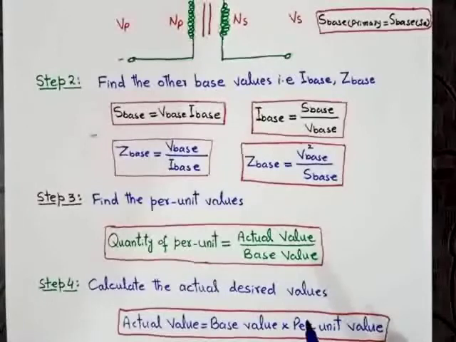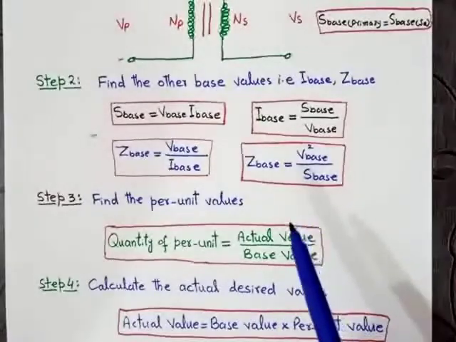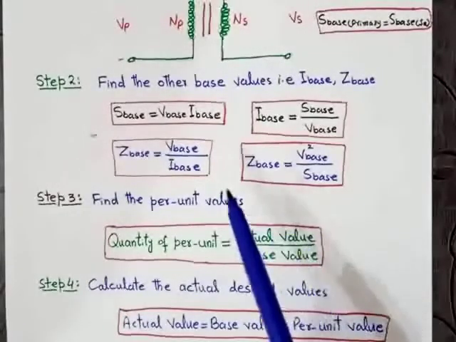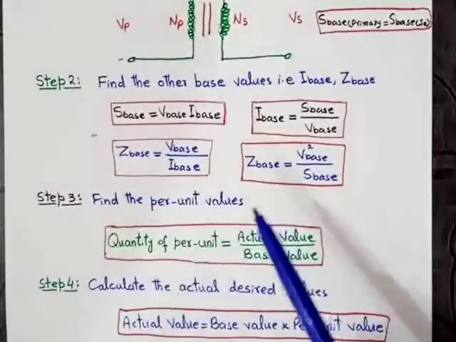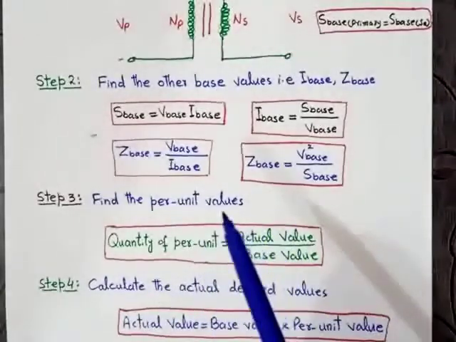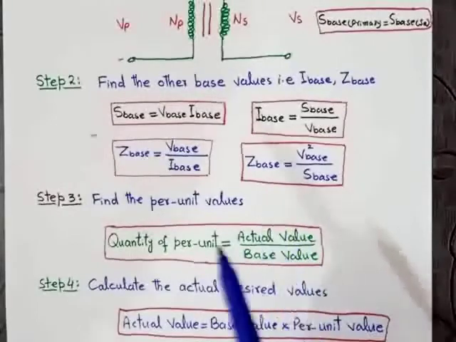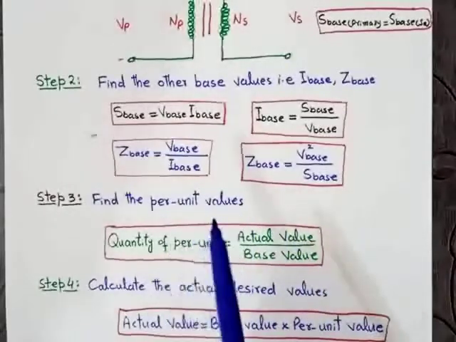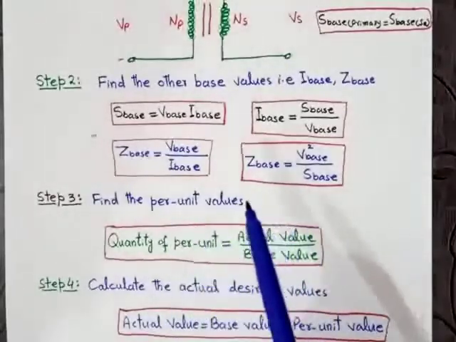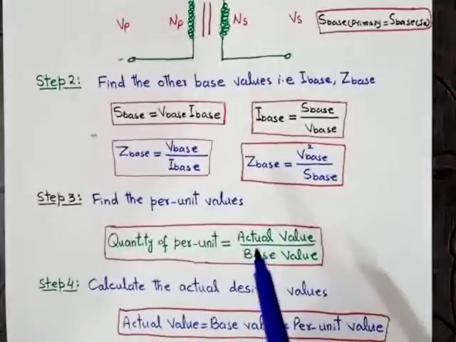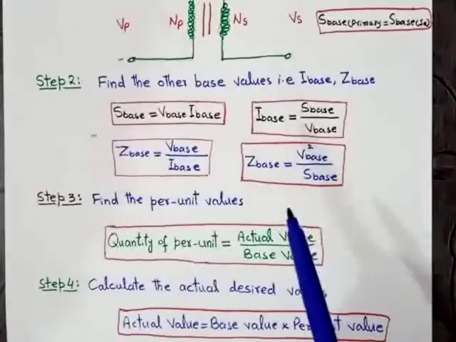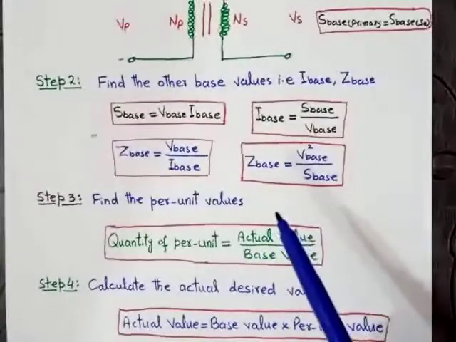So this is the procedure to solve using the per unit system of measurements technique. These are the 4 steps. By using these 4 steps, we can easily solve a circuit which contains a transformer. So this is another technique, called the per unit system of measurement technique.